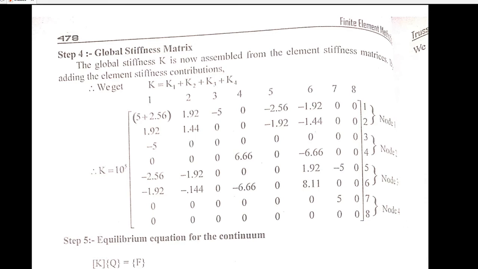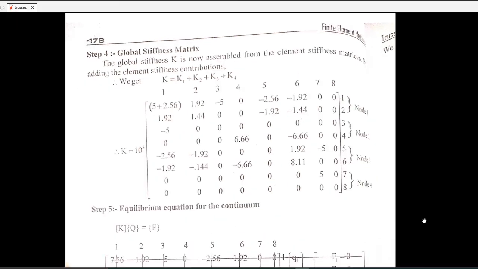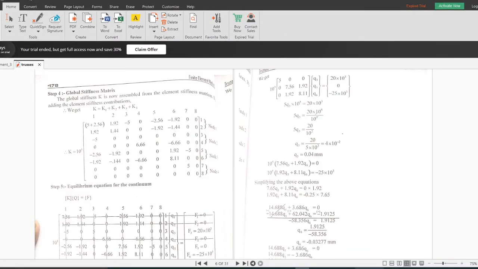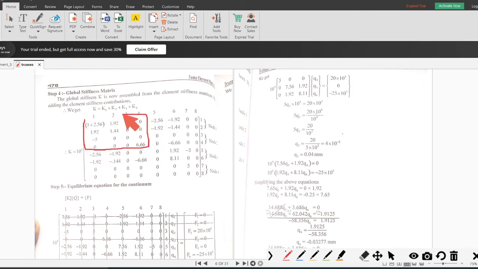Example. Okay, first matrix is 1 2 3 4, right? Next, what is the second matrix number?